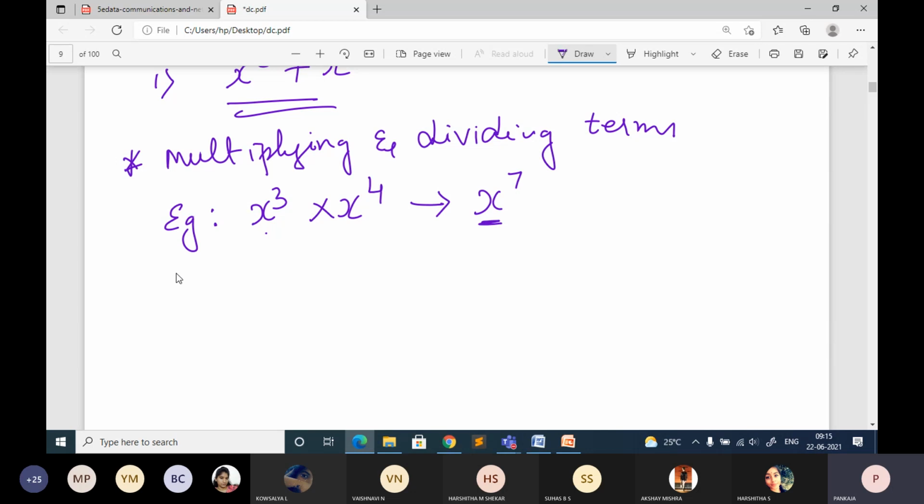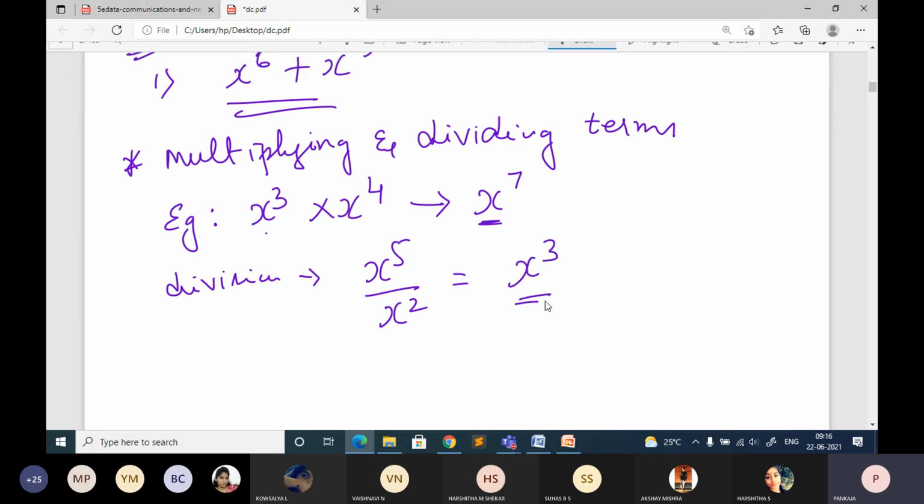Next, if it is division, consider I have x5 divided by x2. You have to go for subtraction, subtracting the powers. So that is x power 3. Everybody will agree, no? So understanding these methods.